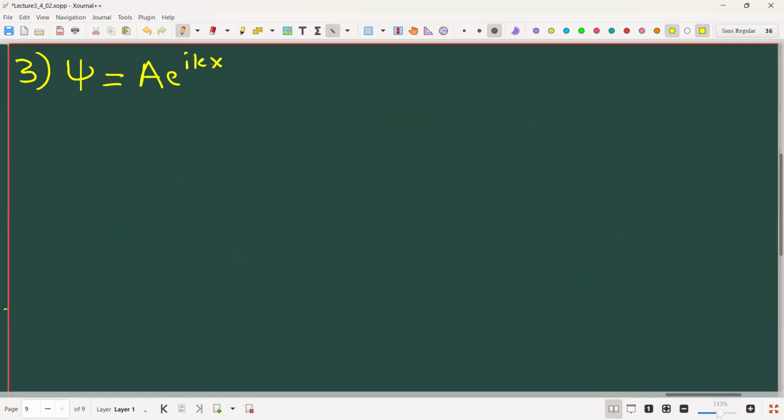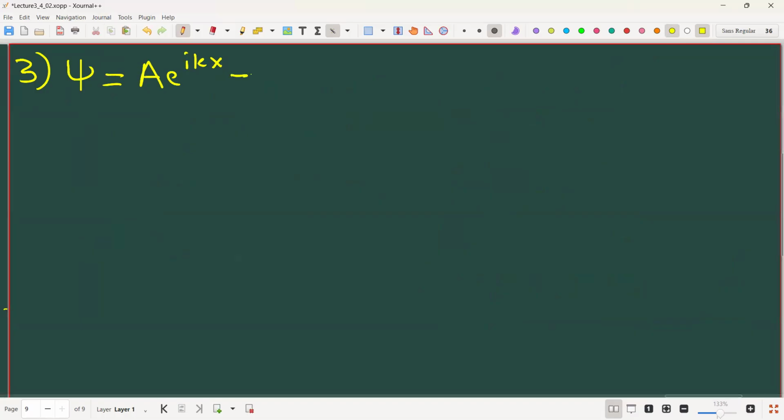There's one option, one less option. We've already seen it. So the third and final option is this function A e to the ikx. And we saw that this is A cosine kx plus i sine kx.